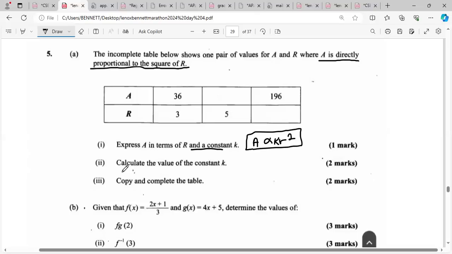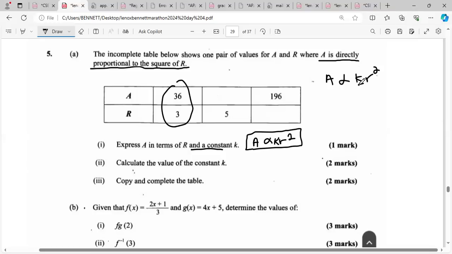Alright, they say calculate the value of the constant K. So we're just going to use the formula here. A varies directly to the square of R. Now we are going to use these two values that we get, and we substitute them and solve for K, because K is going to be the only unknown.